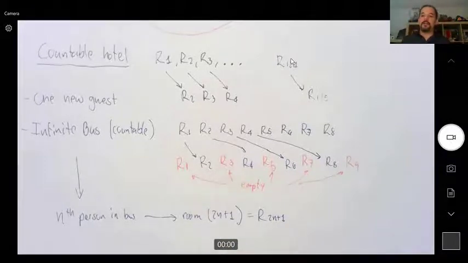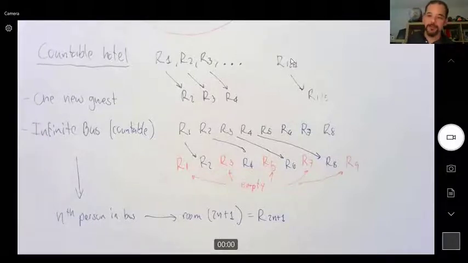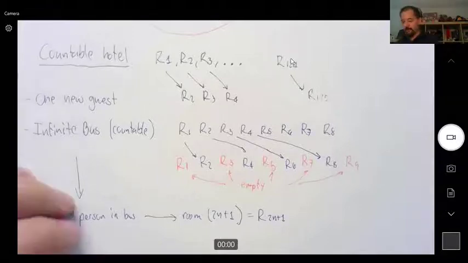You would multiply by 3 if instead of having 1 infinite boss, you get 2 infinite bosses. Do you see that? If you have 2 infinite bosses, then you ask every person to move to triple their room, and in that way you're going to leave 2 infinite sets free for the 2 infinite bosses. Does that make sense?